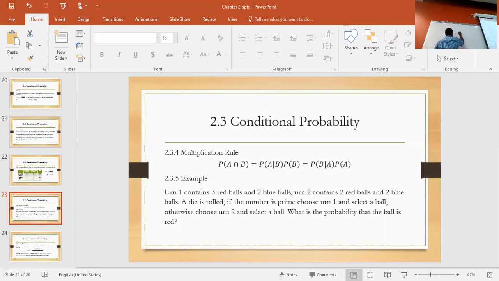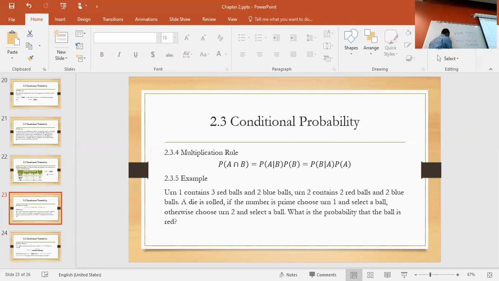So we write that probability of A given B is equal to probability of A intersection B divided by probability of B. This implies that probability of A intersection B is equal to probability of B times probability of A given B. You see what I've done? Probability of A intersection B is probability of A given B times probability of B. We can also write it as probability of A times probability of B given A by just flipping the events.